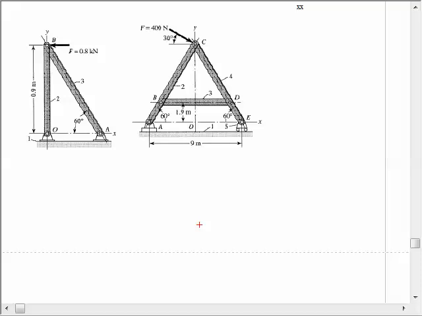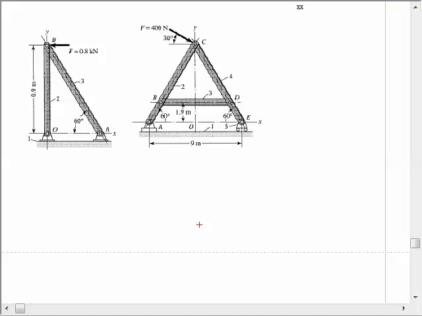Now, we could take advantage in this problem of the fact that this is a 2-force member, which means the force passing through this member is axial tension only, and the force must align with the body itself. So what I could do is write 6 equations. The equation for this one, the equation for this one, and then I could place a force right here which is horizontal, magnitude unknown.